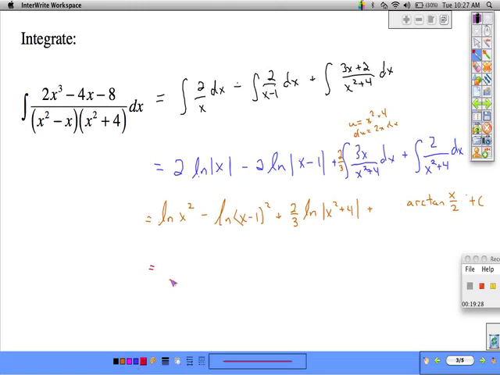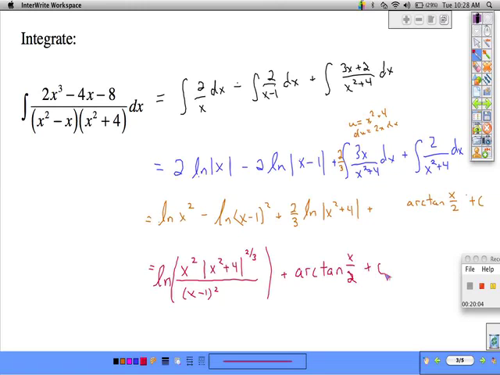We end up with that's just combining these three logarithms together using sum and difference properties for logs. And really, you'd probably be okay stopping right there.